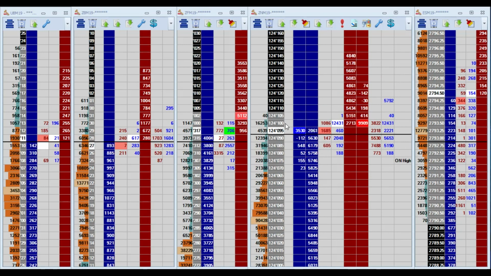It looks like we're starting to develop a little bit of a shelf right here and some absorption, like sellers are absorbing buying. That's a big print right there, but we'll get into that after we get done with our review.